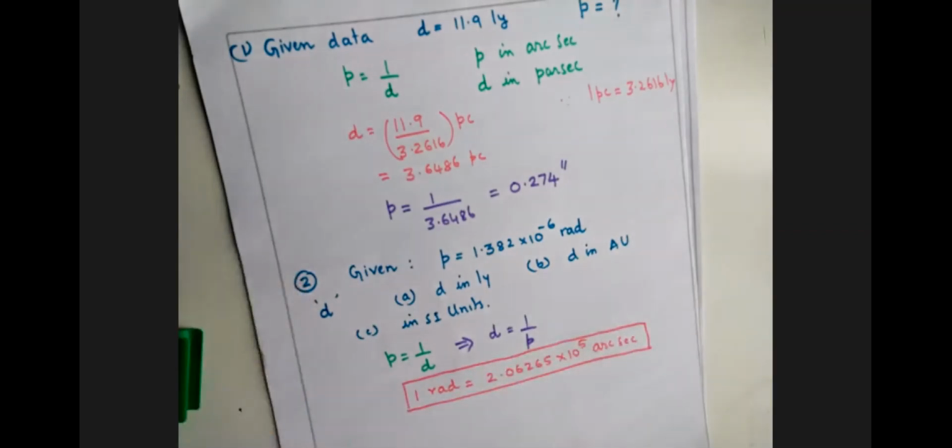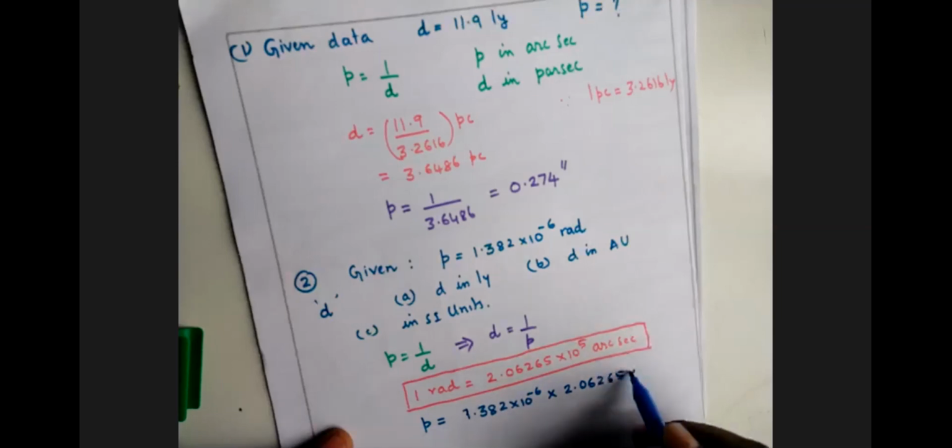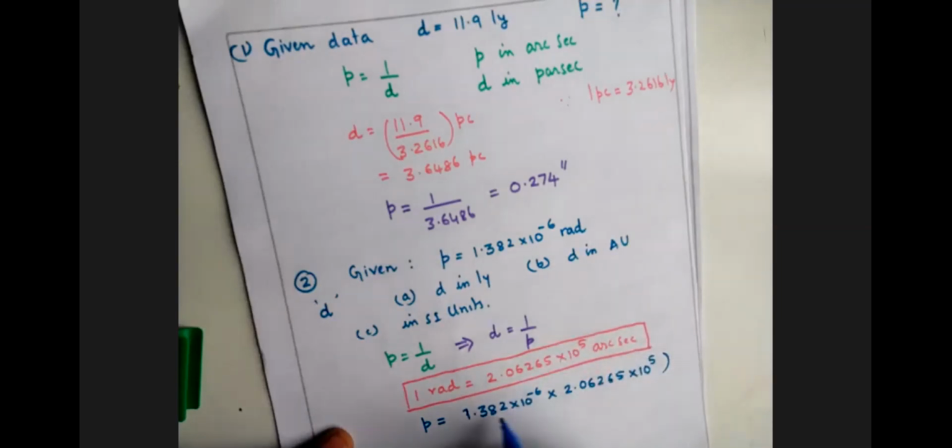Make the conversion. So the parallax angle P is equal to the given value, 1.382 × 10^-6 radians, times 2.06265 × 10^5 arc seconds.